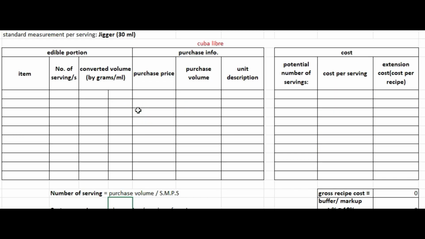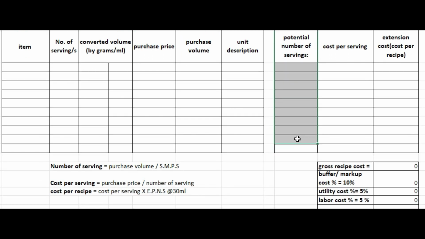And then for your cost per serving, or cost per 30 ml, you can identify this after your purchase price is divided by the number of servings. Not your number of servings divided by price. It should be the purchase price divided by your potential number of servings.